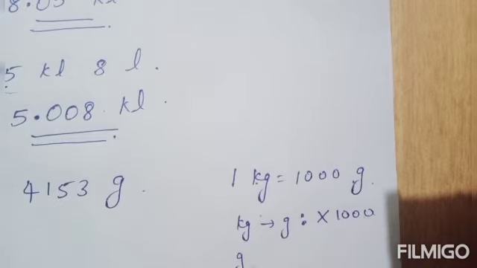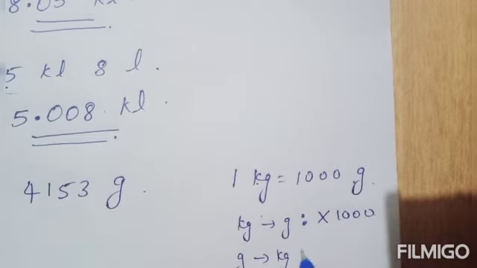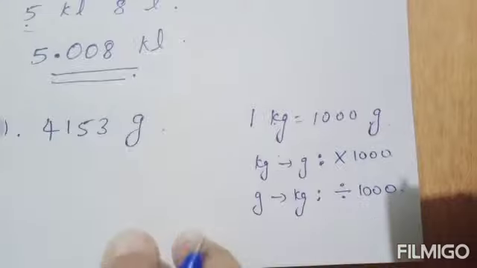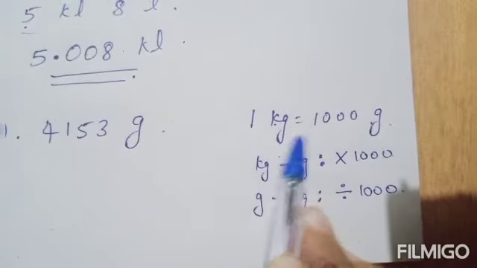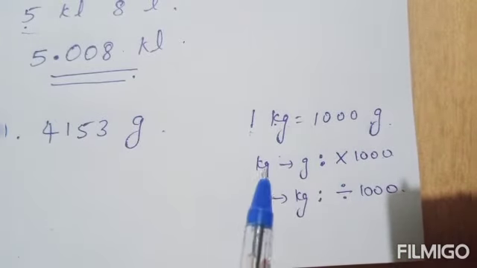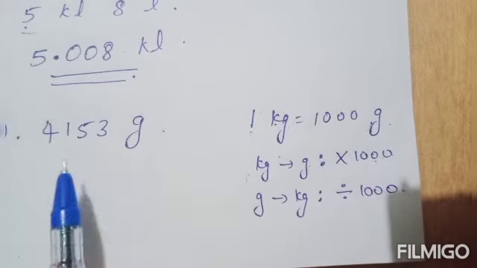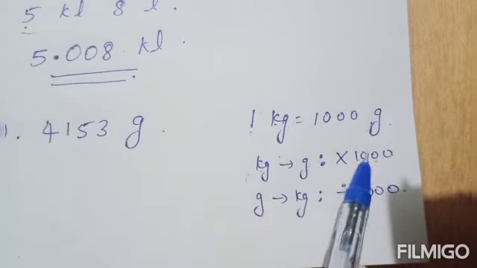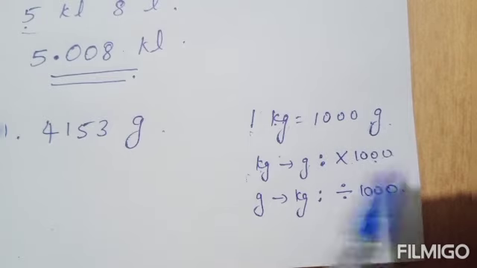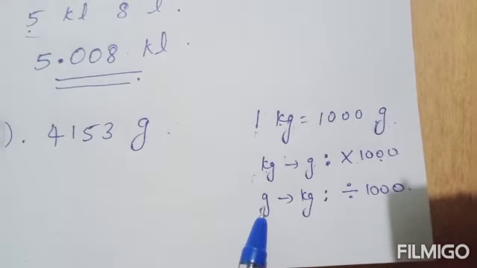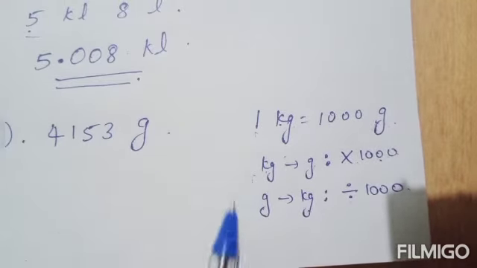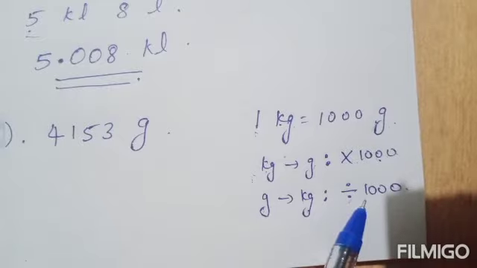In order to convert kilogram to gram, just multiply the given kilogram by 1000. But in order to convert gram to kilogram, just divide the given gram by 1000.